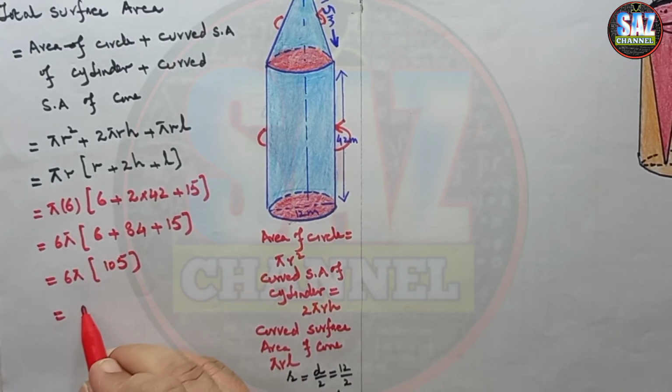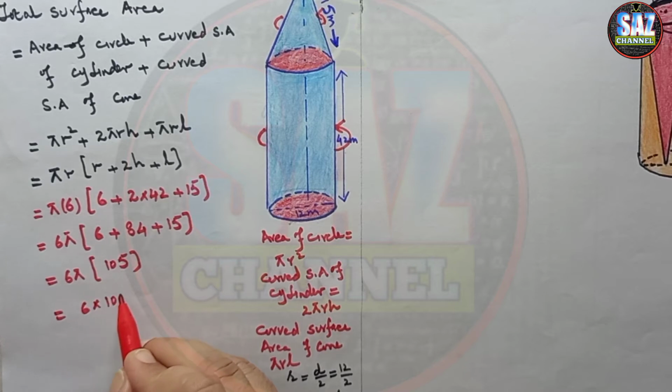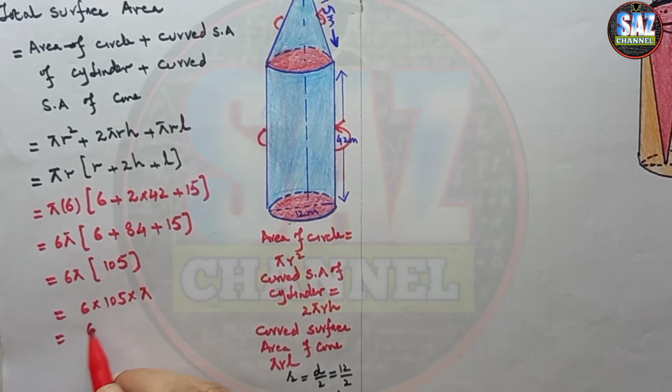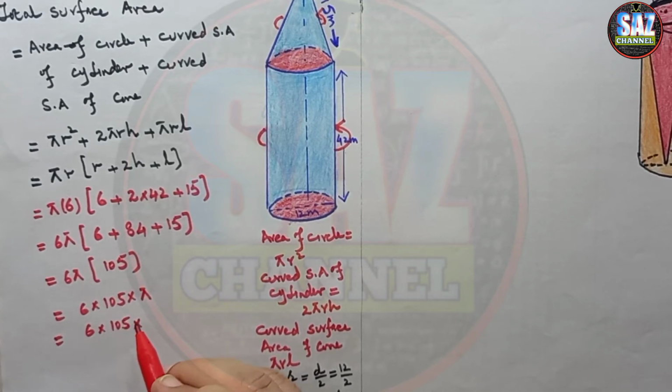So 6 multiplied by 105 multiplied by pi, and pi has a value of 3.142. Then I have to multiply 105 by 6 and then by 3.142, and this gives me 1979.